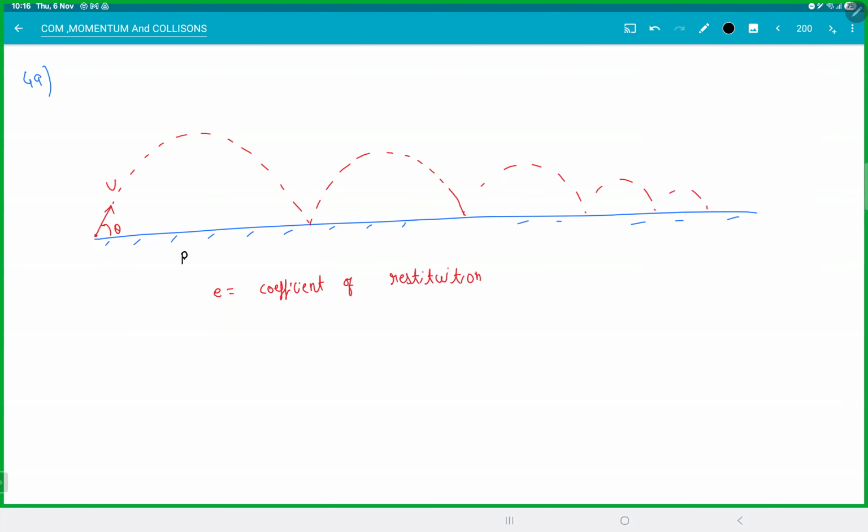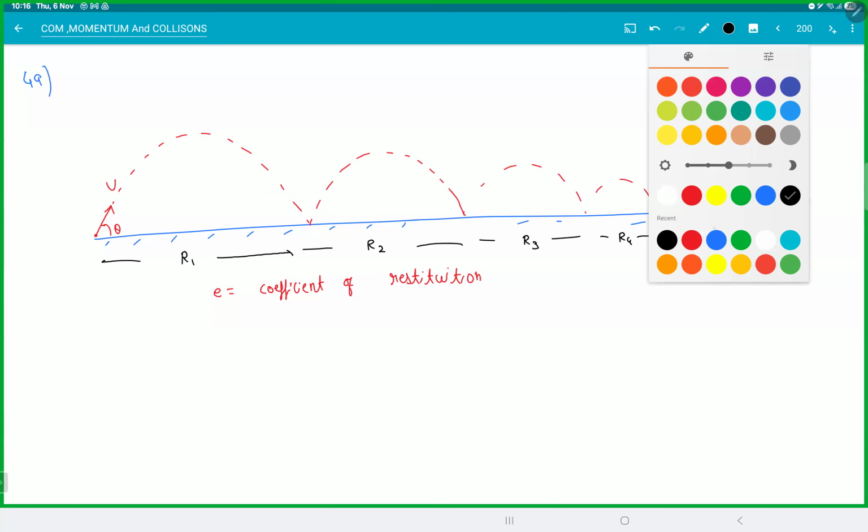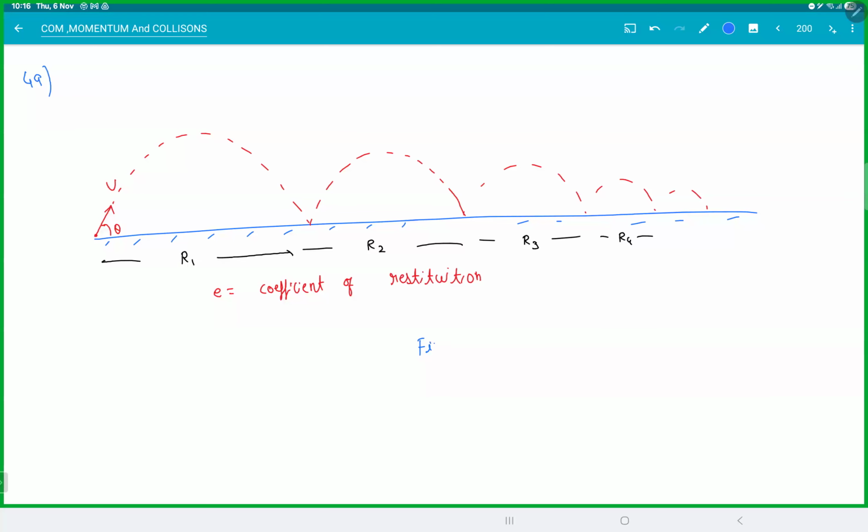Let's say the first range is R1, the second range is R2, the third range is R3, and so on. Find the ratio R1 is to R2 is to R3 is to so on.